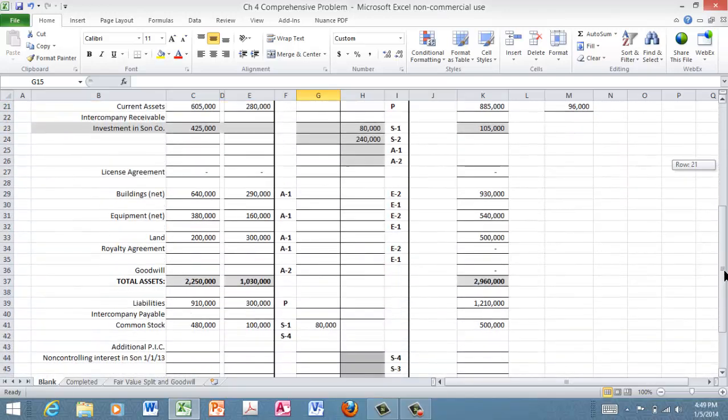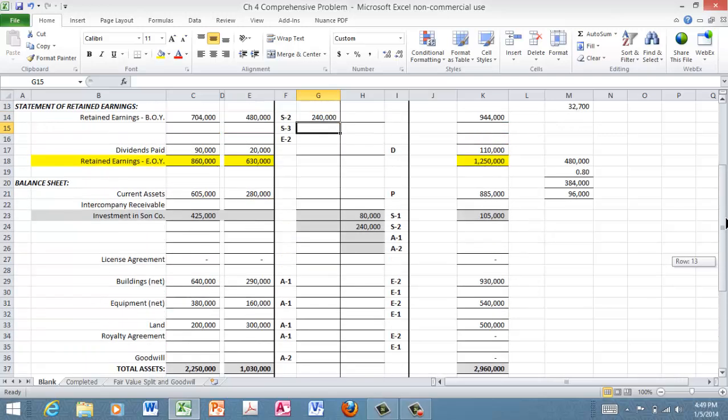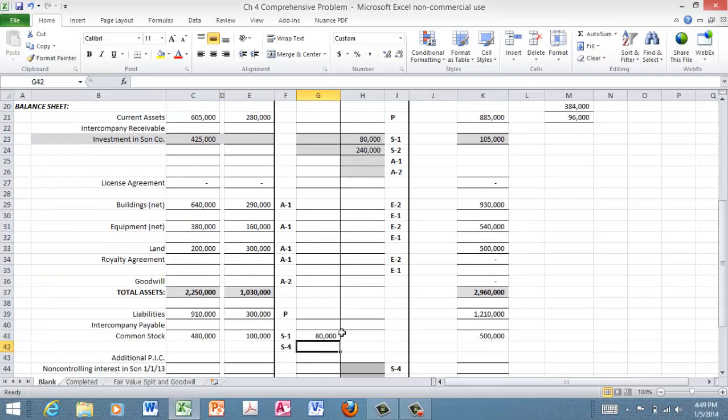Okay, and remember that's going to be the $20,000. So the first thing I can do, I've got this labeled S4, is show you that it is the 20,000 here that we'll credit, or excuse me, we'll be debiting. And so now the combined is 100,000, and I have now on my consolidation eliminated the common stock. So that's the 20,000 there on the non-controlling interest.